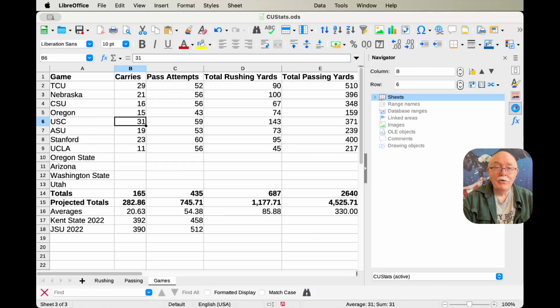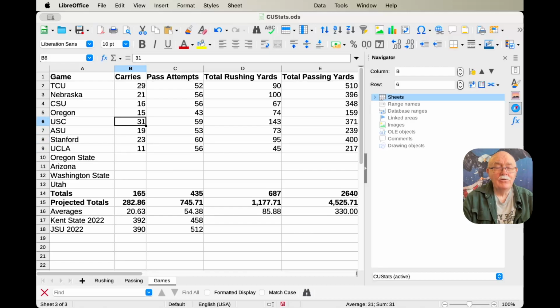USC, where they almost won the game, they ran 31 times. Arizona State, they won but barely. They ran 19 times. Stanford, they ran 23 times. And UCLA, they ran only 11 times. So it's clear and obvious to me that if they want to win games, they need to get their run attempts, their carries up around the 29 to 30 range, because that's where they're finding success against good teams.